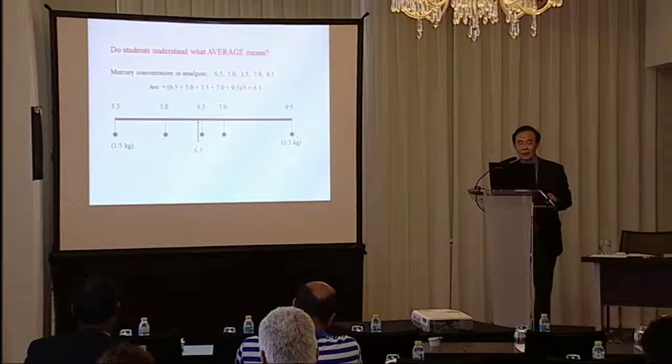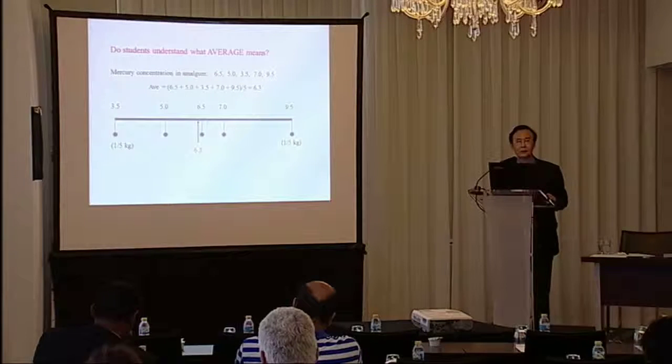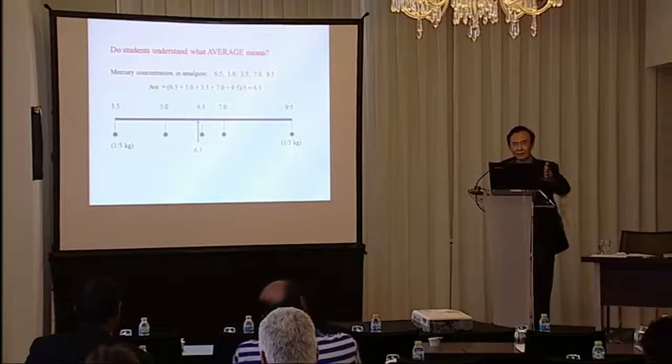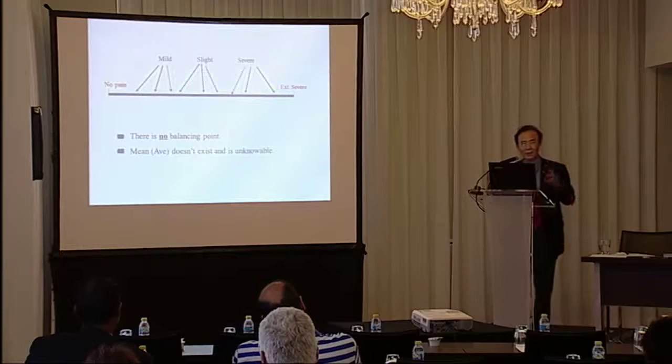Let's assume that each marker is tied with an equal weight, 1/5 of a kilogram, and the point at which you can perfectly balance this stick on the edge of your knife is where the average is. So in this case, 6.3 is the point where you can perfectly balance this stick. Okay, now you have that understanding.